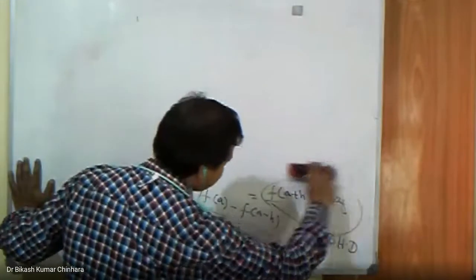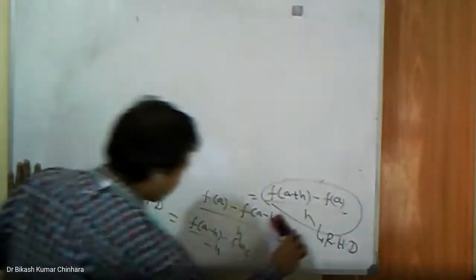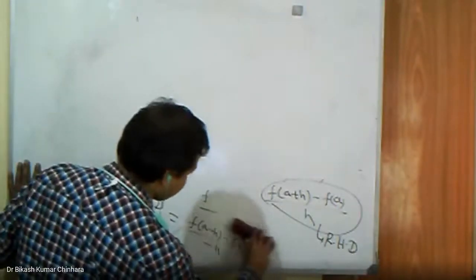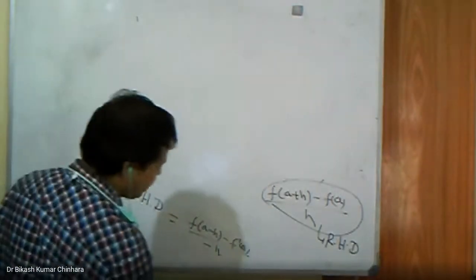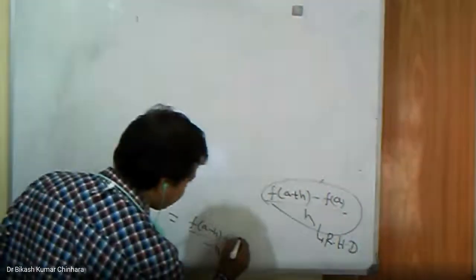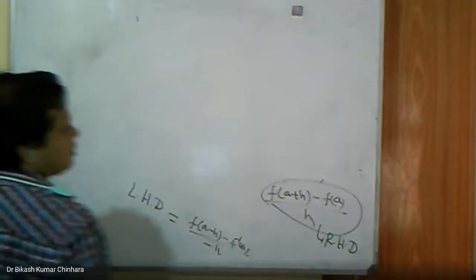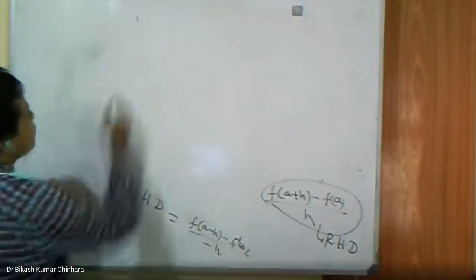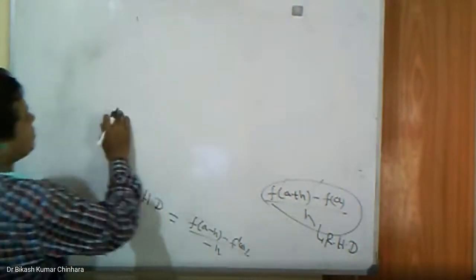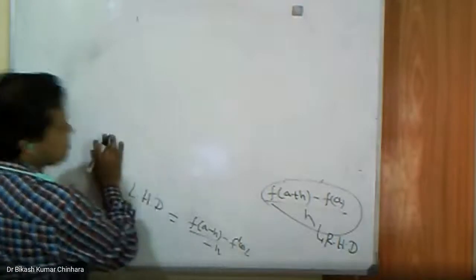So from the observation, I could identify that these two things are representing the same thing, the slope of a tangent at this point.